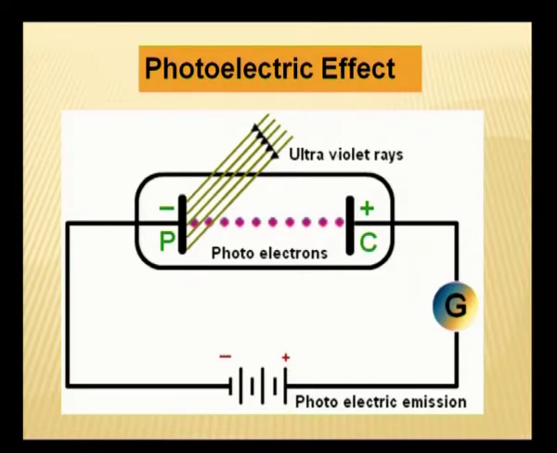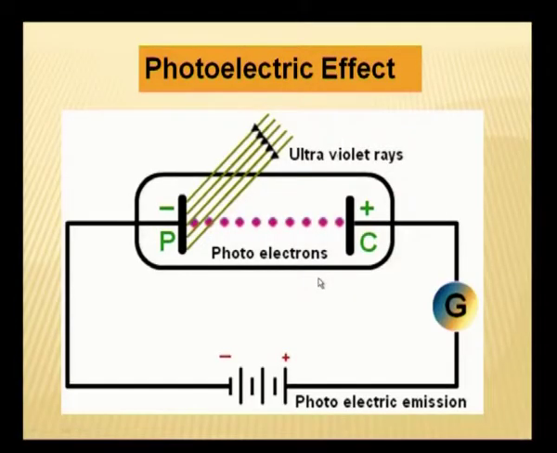The frequency is changed to find the critical frequency which will eject electrons. Second, having found the critical frequency, you increase the intensity of the radiation and try to find out the magnitude of the photoelectric current.